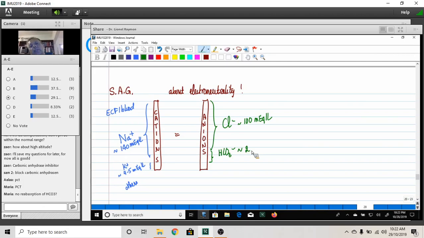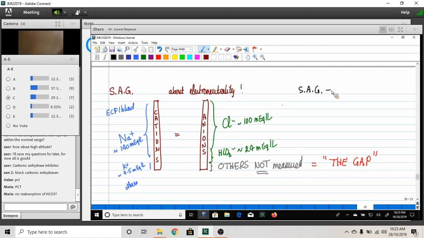And there are some others that are not measured. These others that are not measured, that's the gap. Okay, that's the anion gap. So when we calculate the serum anion gap, generally we take sodium, we don't even take potassium, some people do, and we subtract chloride plus bicarb.